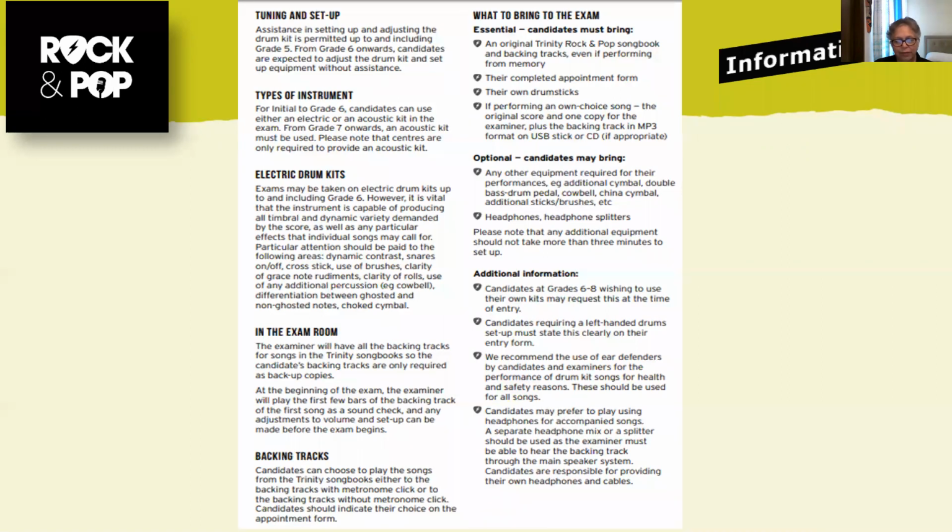So the examiner will then play it for you. The sound check is done and you can suggest if you want the volume raised or lowered. The examiner will also have a say in this, as all our exams are recorded, and he needs to have the right balance to make sure that the recording is clear.